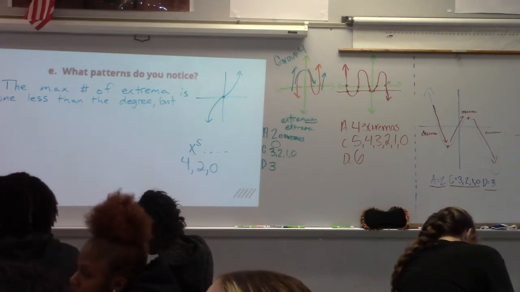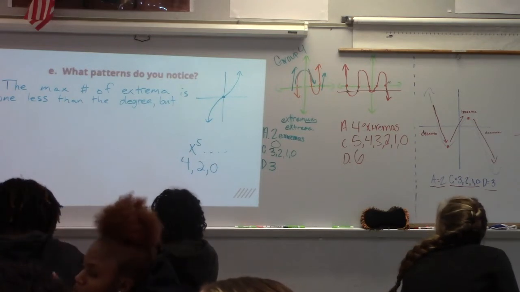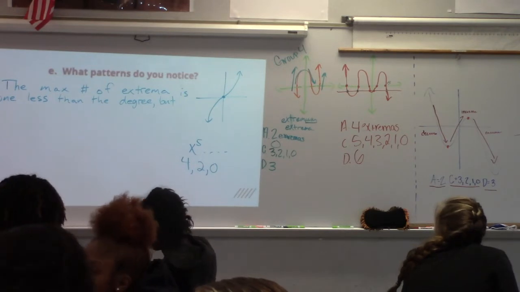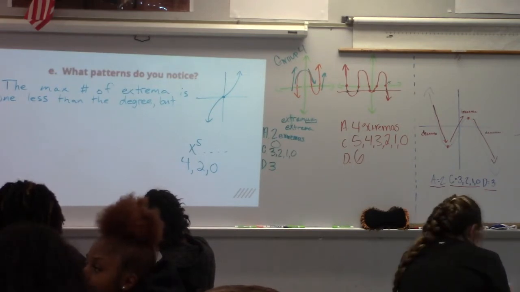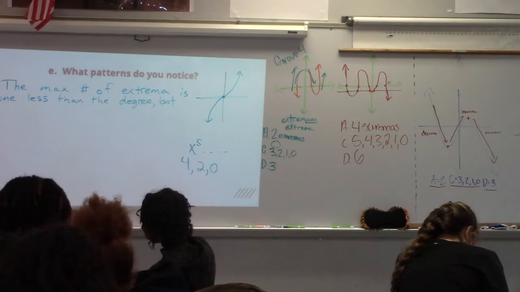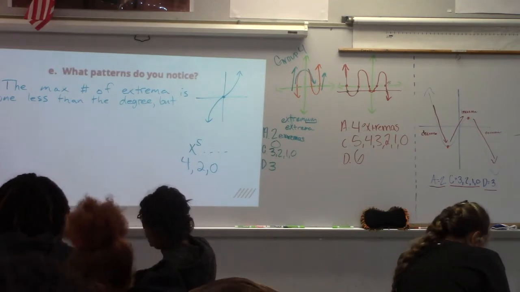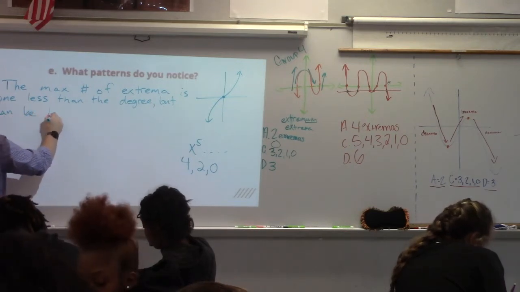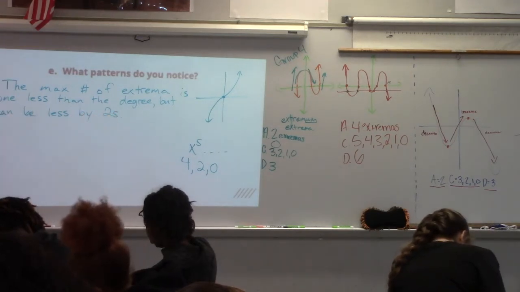It can always have less, and how do we know what the options less are? Because, not invisible numbers, but imaginary numbers have to come in 2. So it'd have to be always going by 2s, right? So 4, 2, 0, right? Fifth degree, it could have 4 extrema, or 2 extrema, or 0. So the max number of extrema is 1 less than the degree, but can be less by 2s, right?